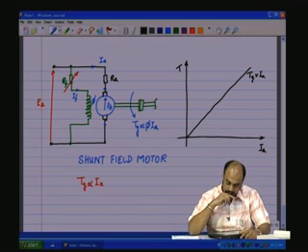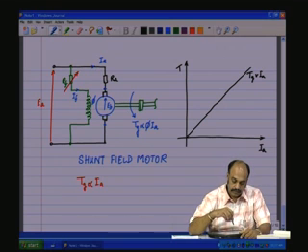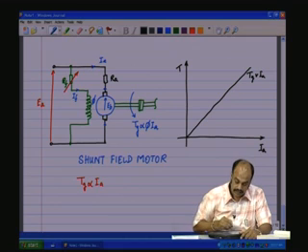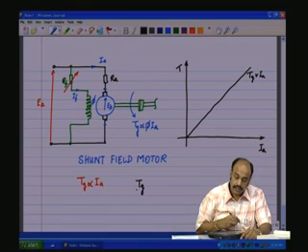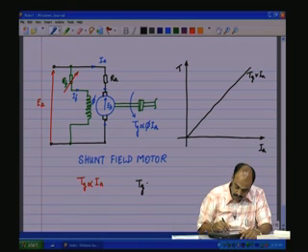Now, if we look at the shunt motor curve with respect to the torque with respect to the speed, what happens? Now, Tg into omega will be the power.